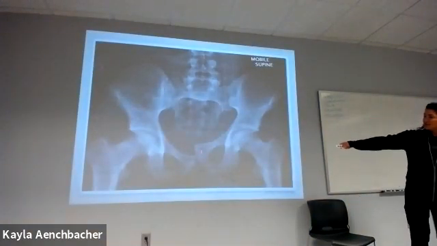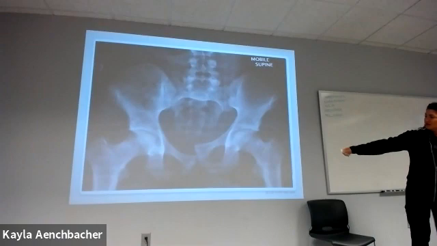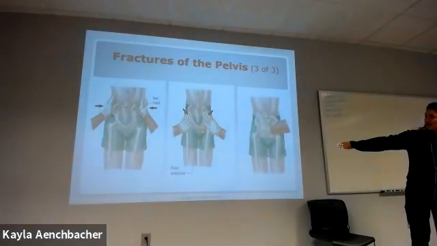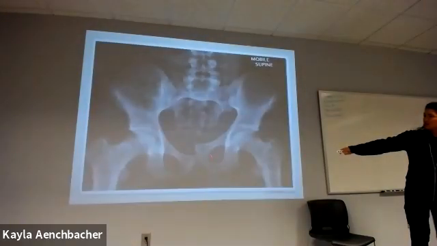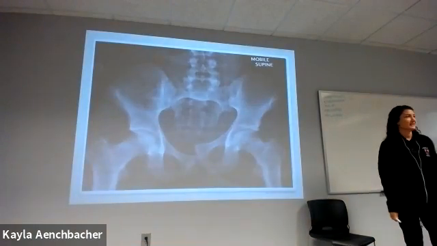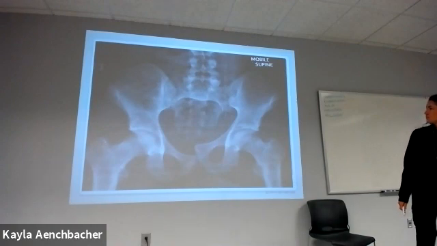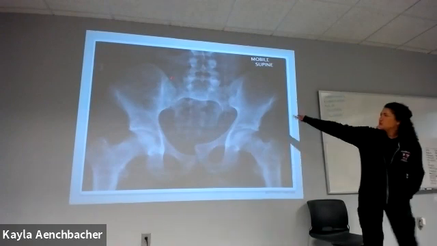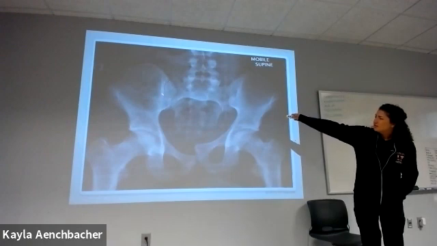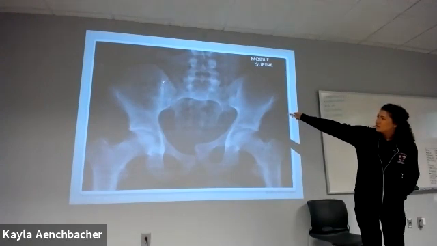That's not good, guys. What's supposed to be here? Right? That connecting cartilage, that pubic symphysis, is totally disconnected. So you wouldn't call that a fracture? If you were a doctor and you saw the X-ray? Oh no, because you can see right here, that's totally fractured too.